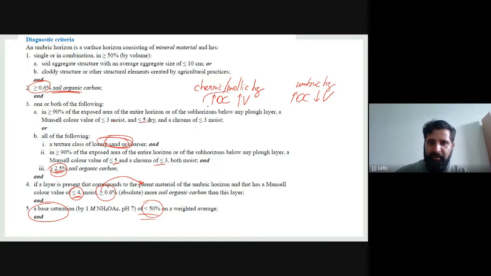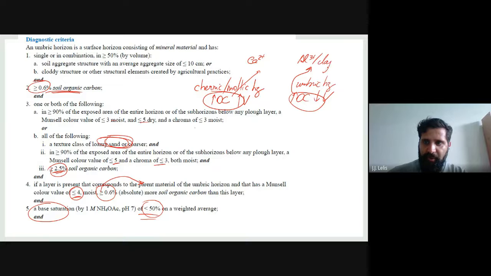Because here the organic carbon has been preserved by calcium, and here the organic carbon content is preserved by aluminum and or clay fraction. So we have different processes, and because of that, we have different horizons. Okay?